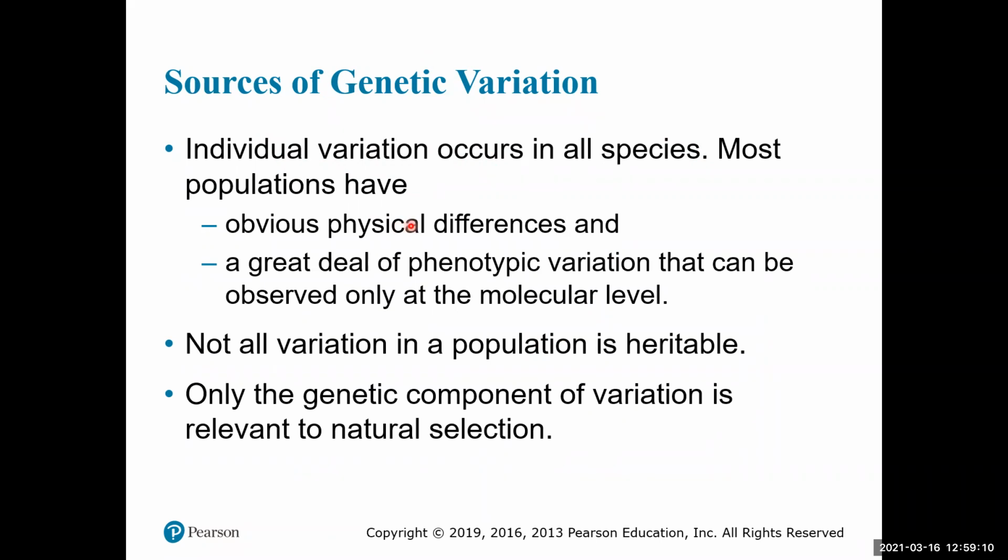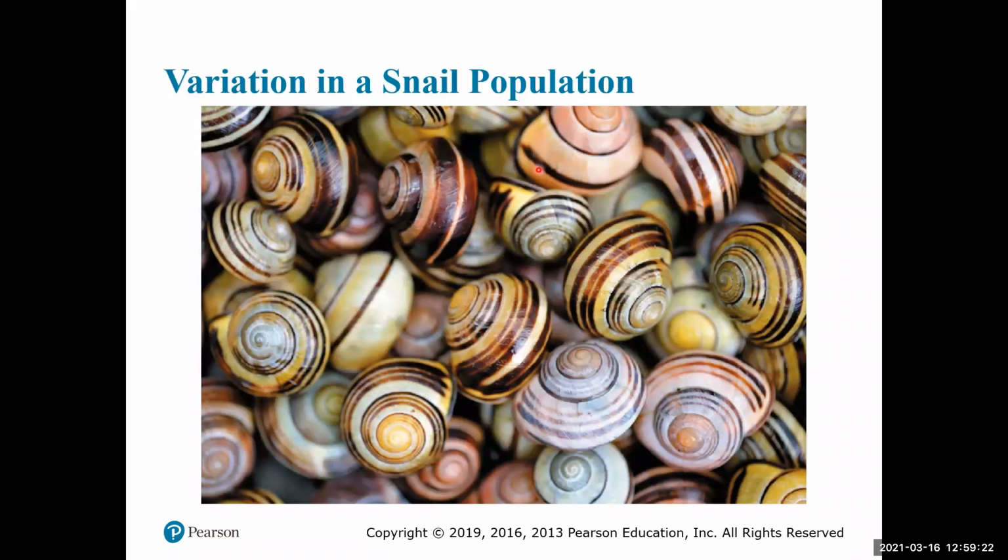But again, not all variation is heritable. So natural selection is really only acting on that variation that is heritable in that population. So just like with the ladybugs, here's variation in a snail population, where you have different colors, different types of stripes, numbers of stripes, width of stripes, etc. So same species of snail, just different variation in that population.